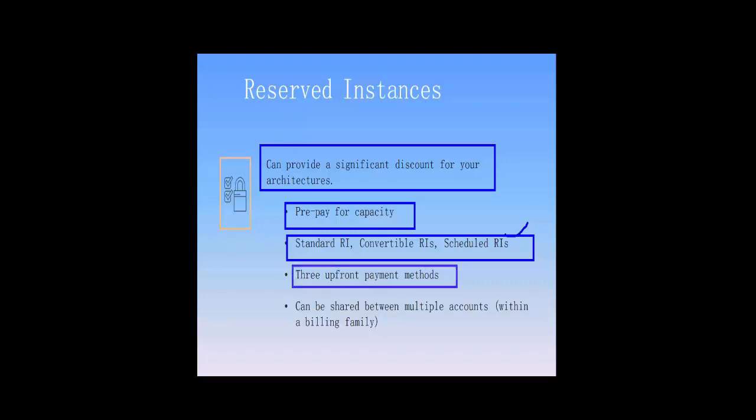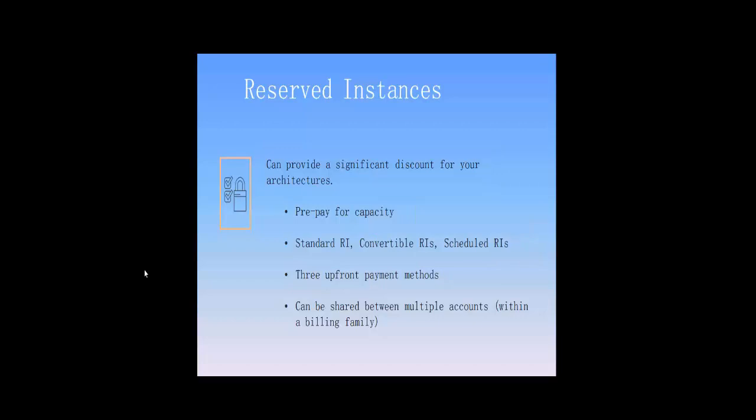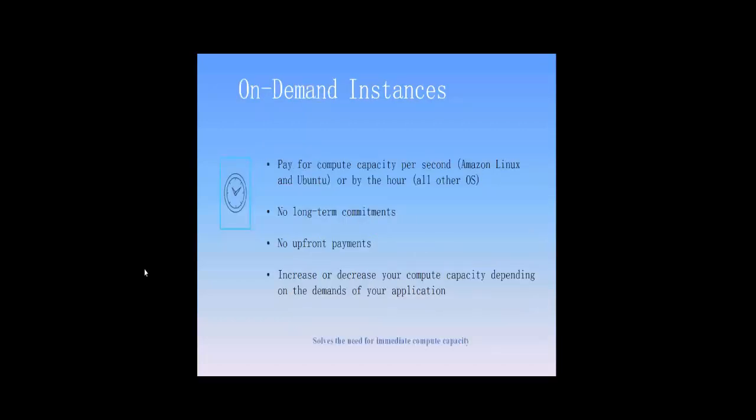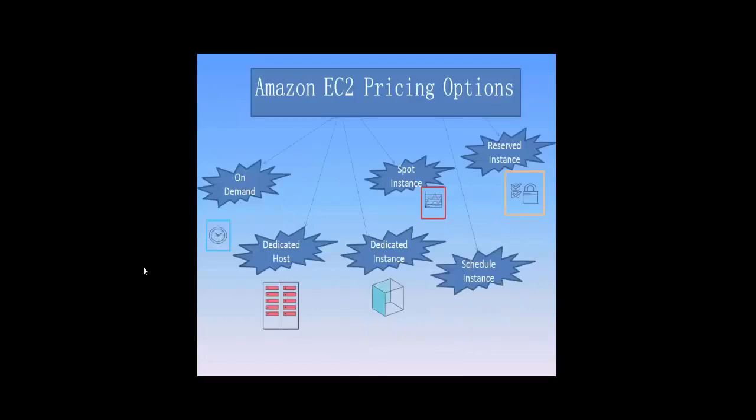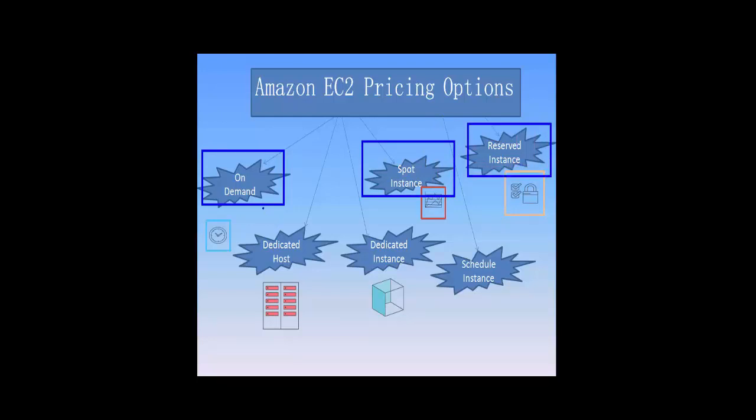Three upfront payment methods means, let's come back here. One method is on demand, one is spot, and one is the reserved instance. For dedicated host and dedicated instance, the payment option will be on the basis of on demand.